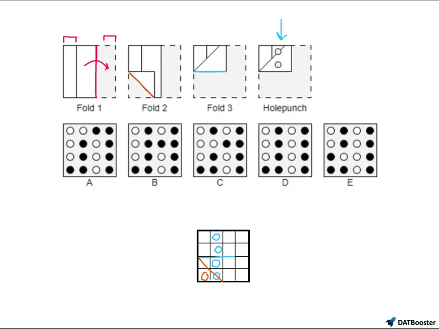So we know that this line actually occurs midway through this third column here. So we can draw in that line of symmetry, and then that will result in all 4 of those light blue holes being transferred over to the right side.